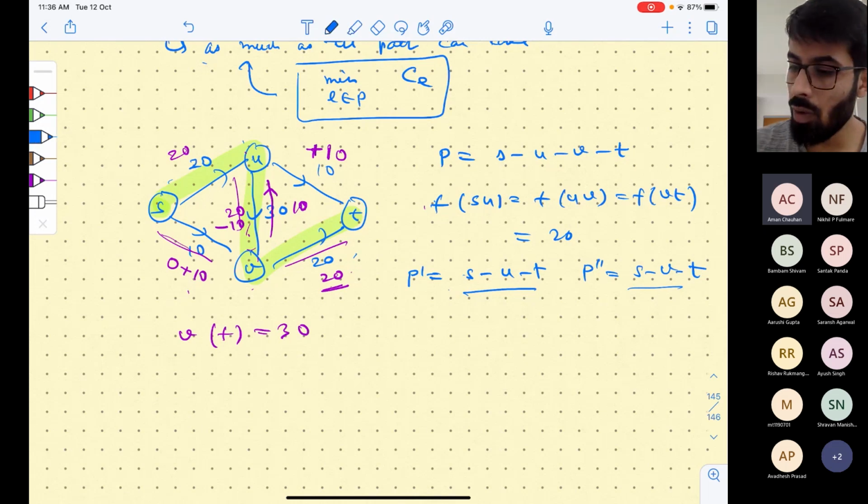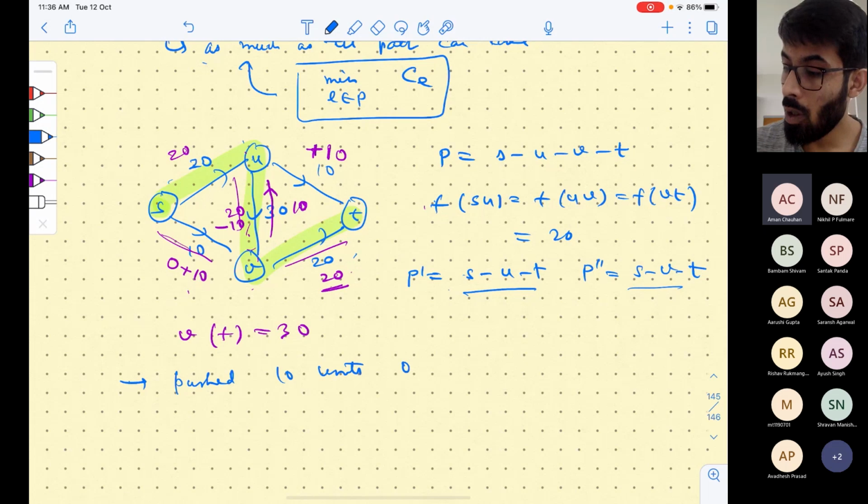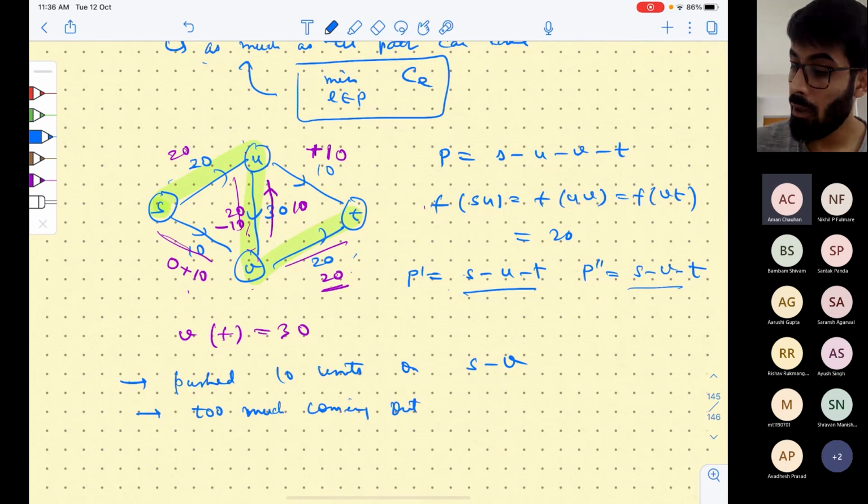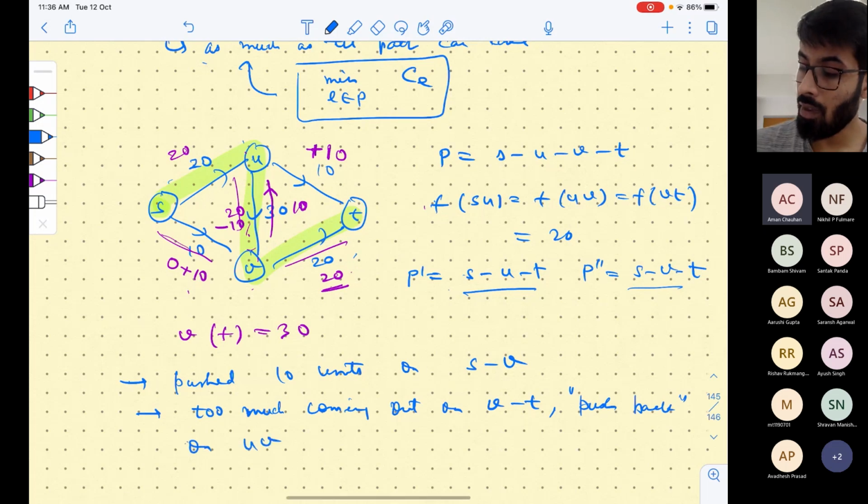So like here, what did we do? We pushed 10 units on SV, but then too much became coming out of VT. So push back on UV, that is decrease the flow by 10, right?